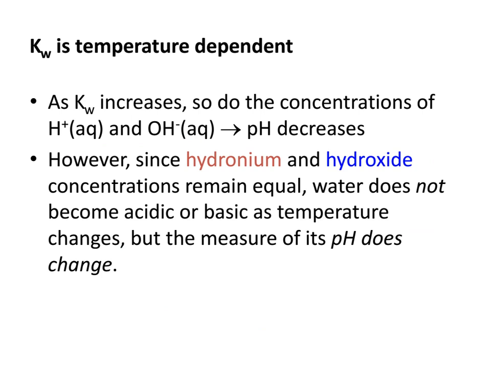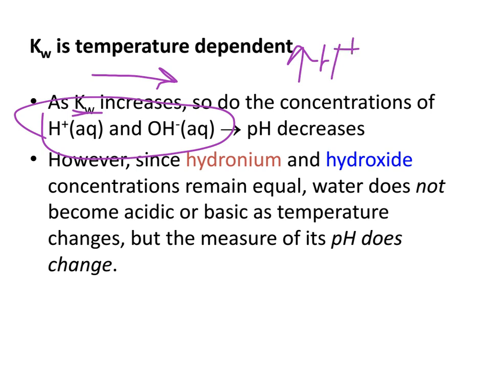This next part is a little bit weird. Stay with me. As my equilibrium constant is increasing, that is because, again, I am shifting further to the right on the equilibrium. So those products of the hydrogen ion and hydroxide ion concentration are increasing. As I increase the concentration of H+, that makes it more acidic, right? And so that's going to then decrease the pH. And so pH is going to decrease as I make more H+.